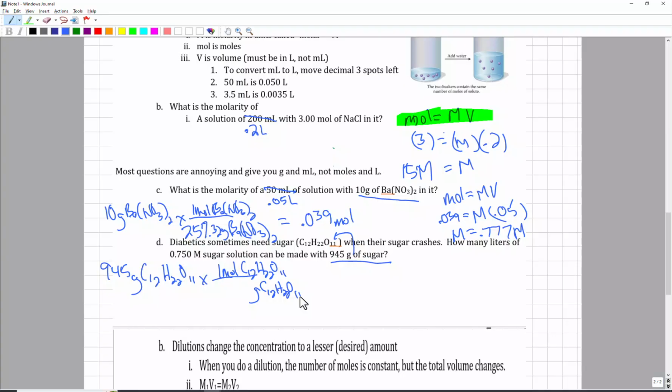So I go to the periodic table and I find my molar mass. 12.01 times 12 plus 22 times 1.01 plus 11 times 16. 342.34.